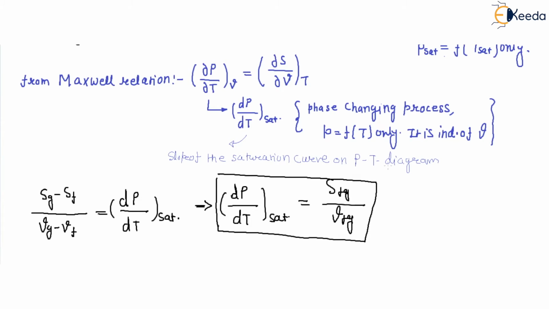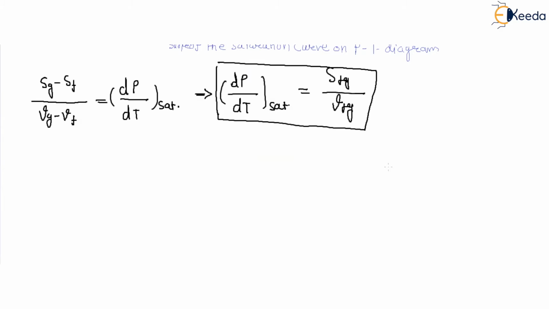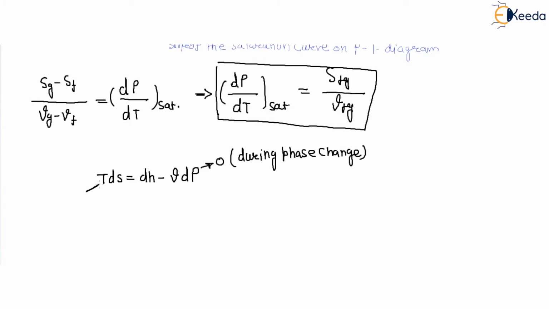During this process the pressure also remains constant, so we can write from the TdS equation, TdS is equal to dH minus VdP. Pressure remains constant, so this can be treated as 0 during phase change, and this T is constant.